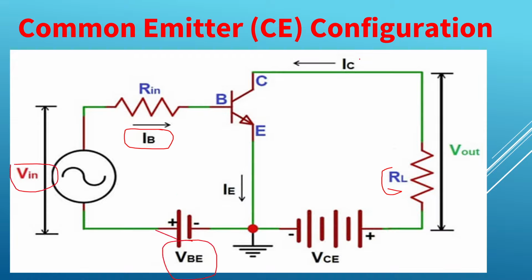Output parameters are IC, Vout and VCE. To determine input characteristics, some output parameters should be kept constant. To determine input characteristics, VCE is kept constant.